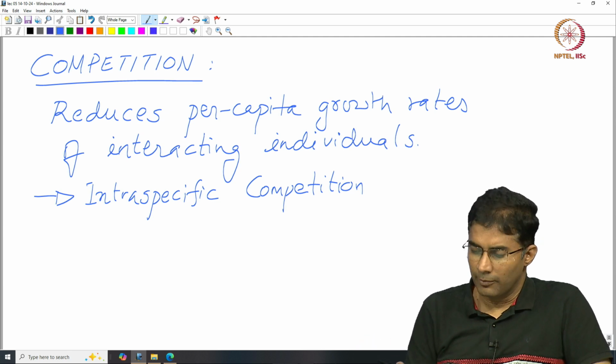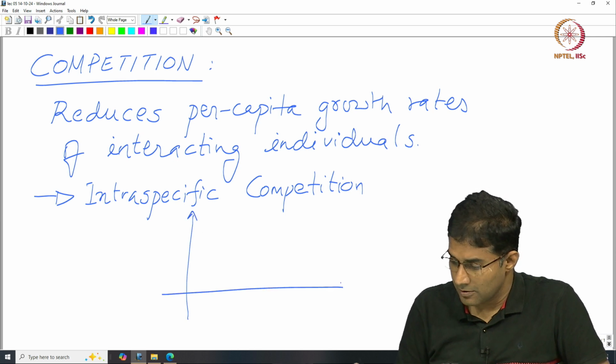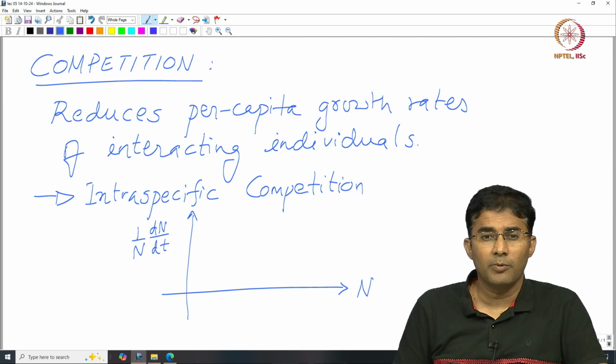So, the way to think about this was we plotted the per capita growth rate on the y axis, and how this varies with the population size.